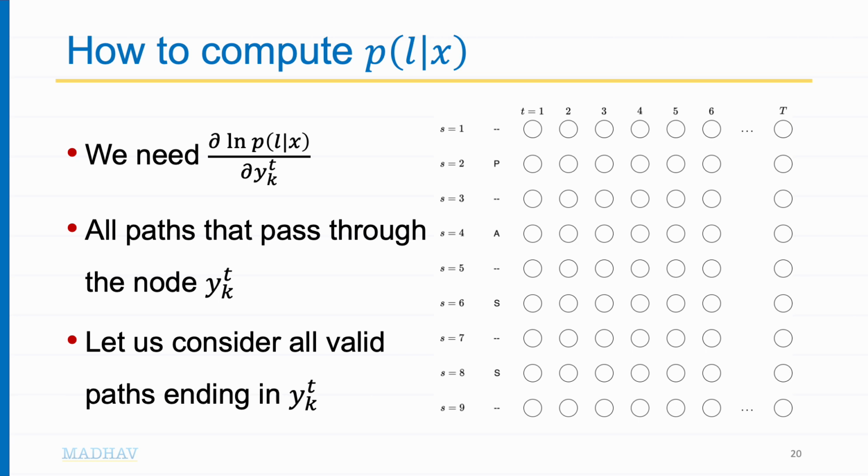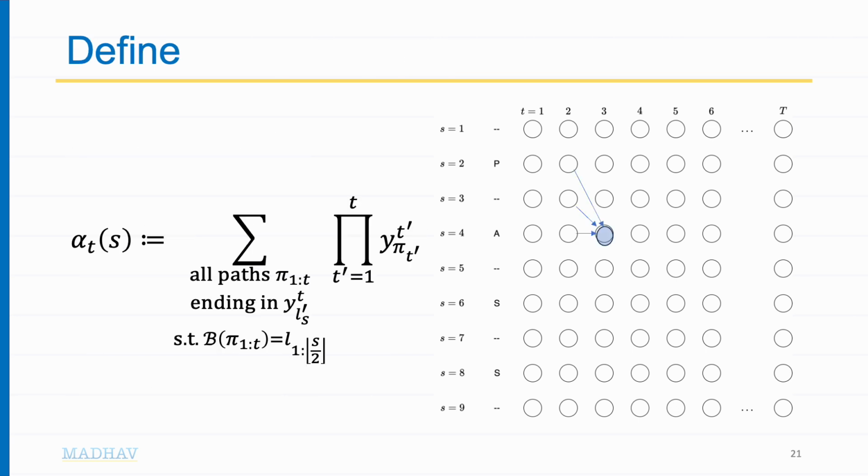So all the paths which converge or end up in y^k, and then the next part is all the paths which start from y^k. So let's call it alpha. Yeah, note it down if it helps you.